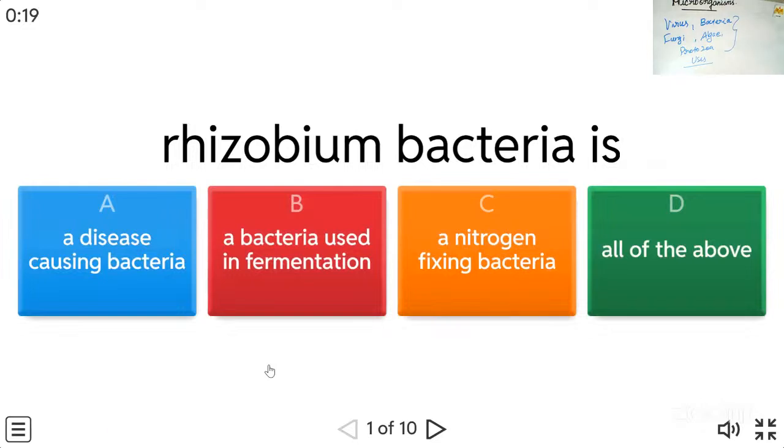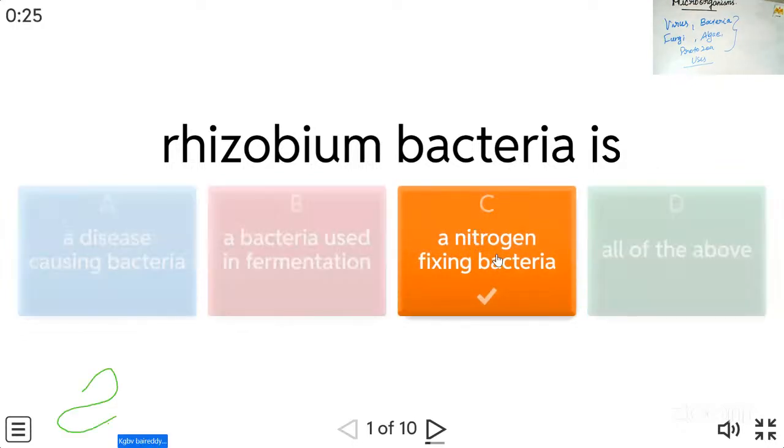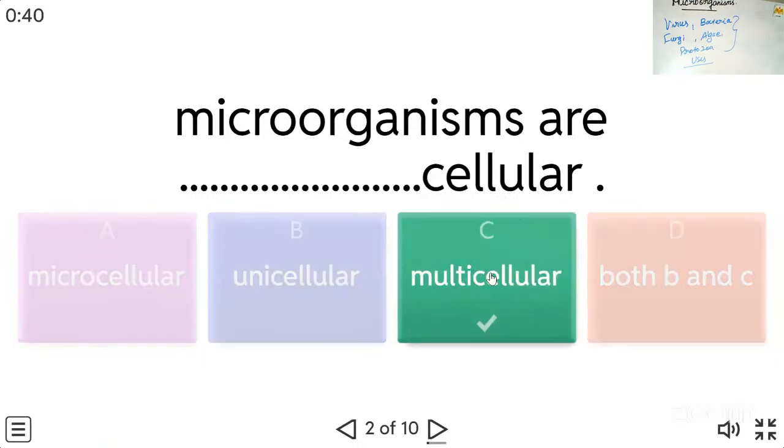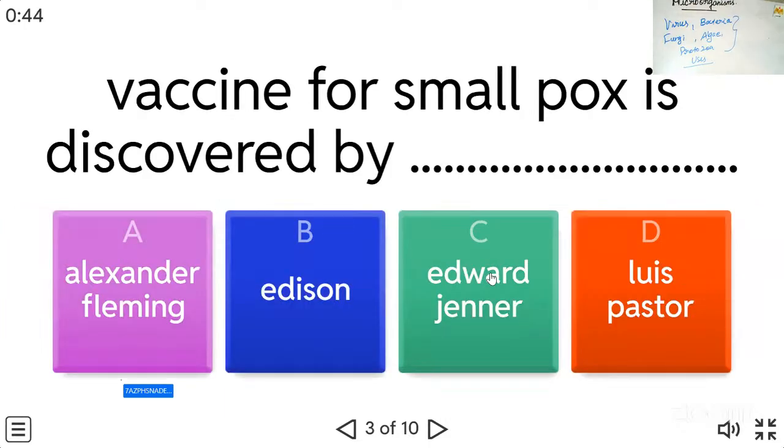Rhizobium is a nitrogen-fixing bacteria, so that is the right answer. Microorganisms are dash-cellular: unicellular, multicellular, or both? Microorganisms are unicellular.